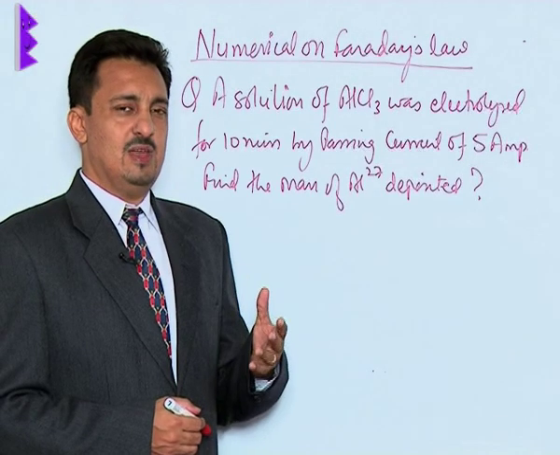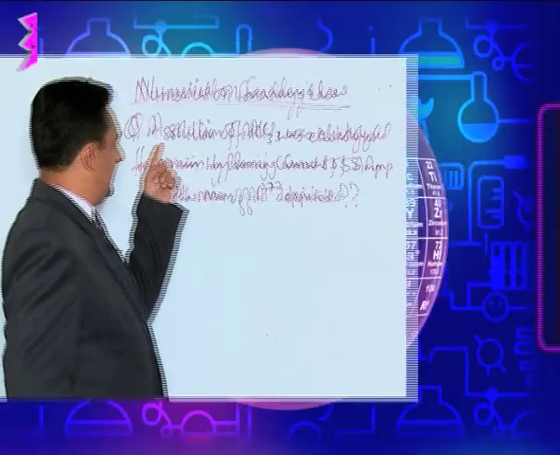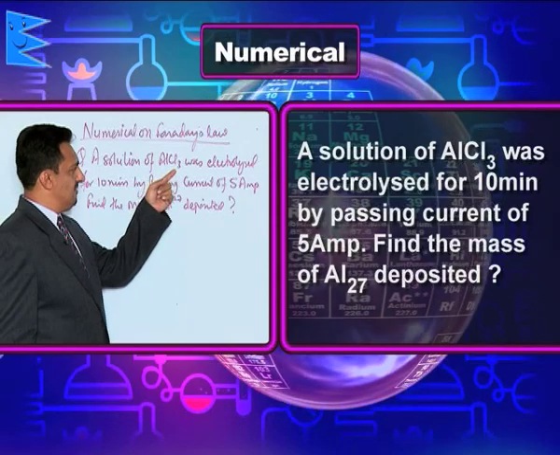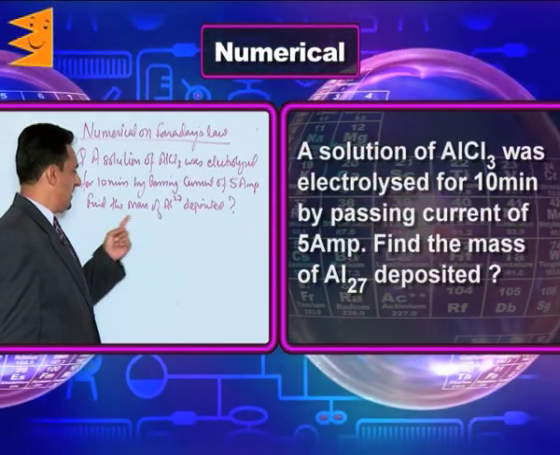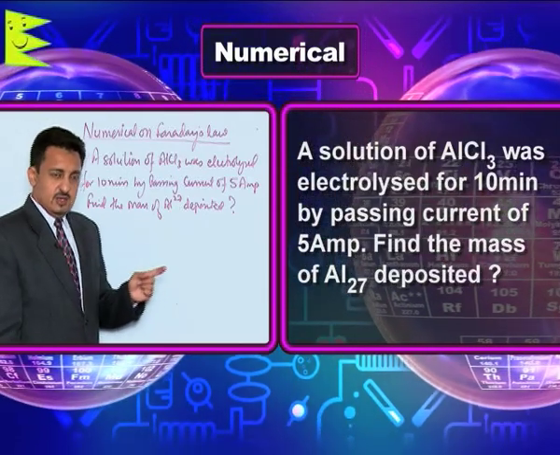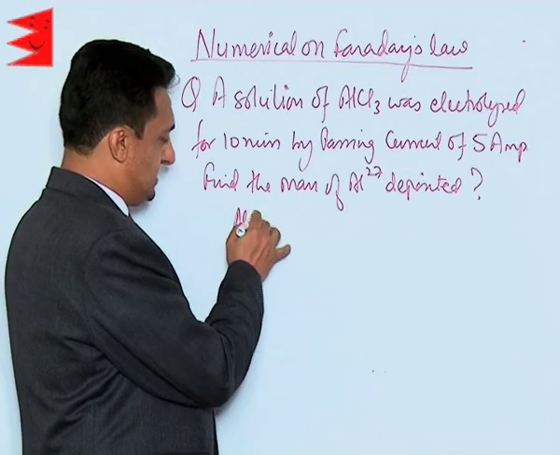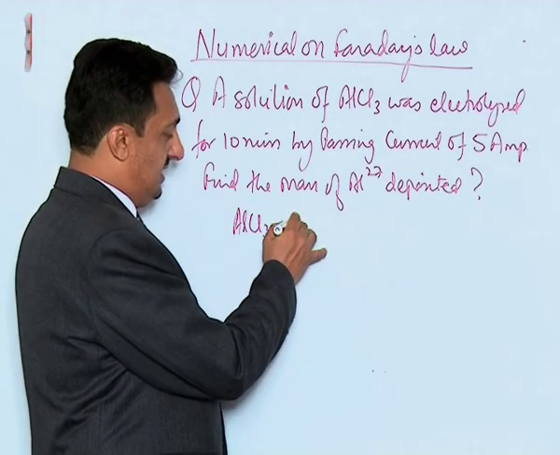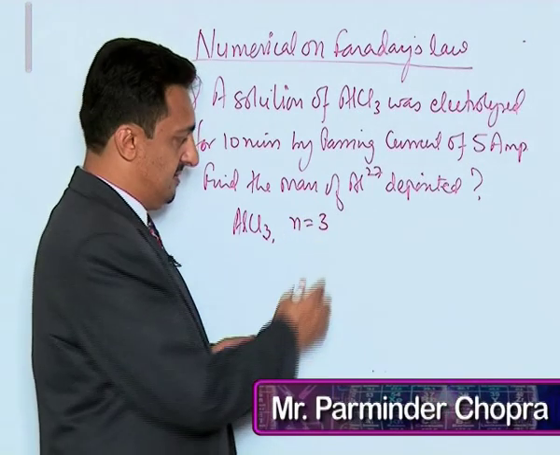Now let us see a numerical on how Faraday's laws are used. A solution of aluminium chloride was electrolyzed for 10 minutes by passing a current of 5 amperes. Find the mass of aluminium deposited. So we know that from AlCl3 the charge on the aluminium is 3, so its n is 3.